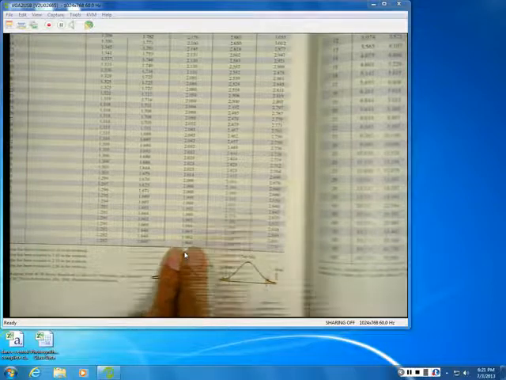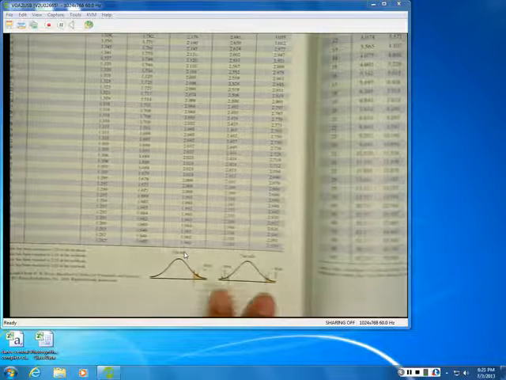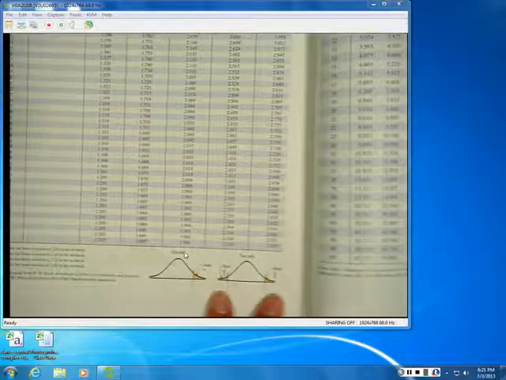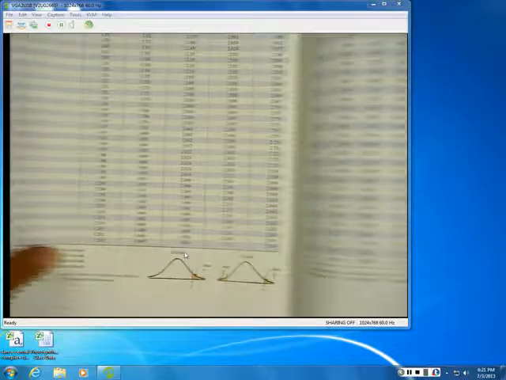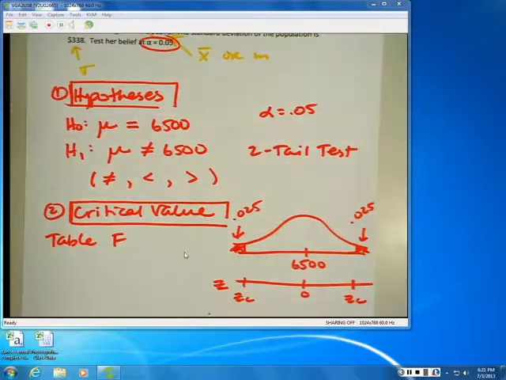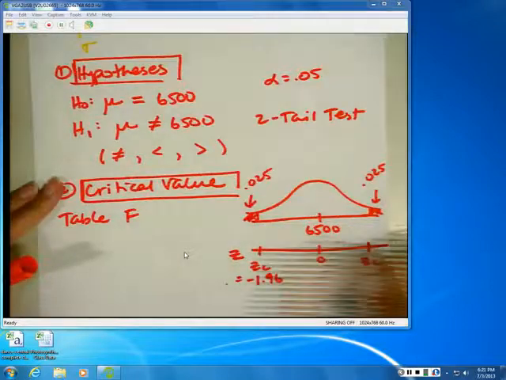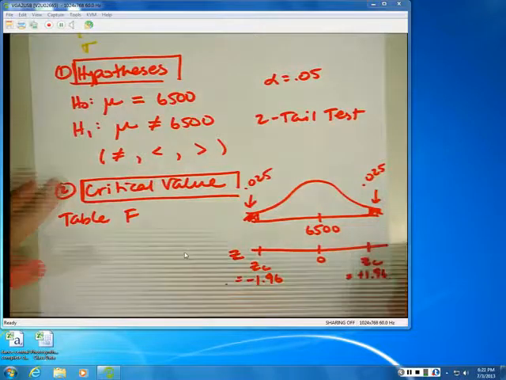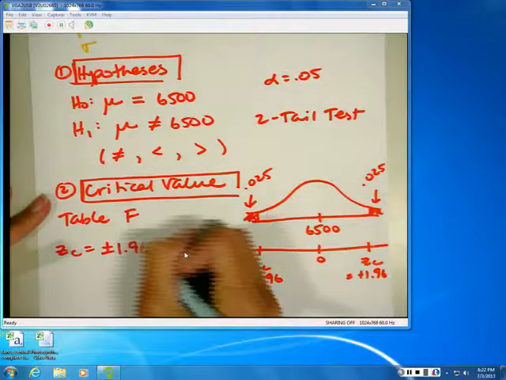There's no negatives in this table, but you can use the fact, here it is, that you've got the negative and the positive of the same value. So 1.96 plus and minus off of table F. So my critical values are negative 1.96 and positive 1.96. And you can write that as plus or minus 1.96.